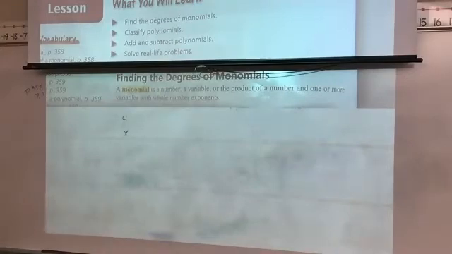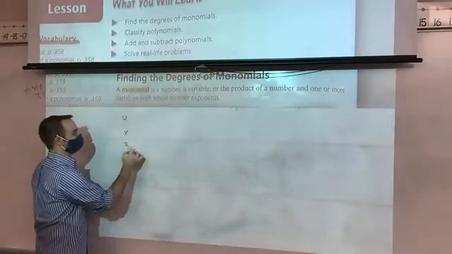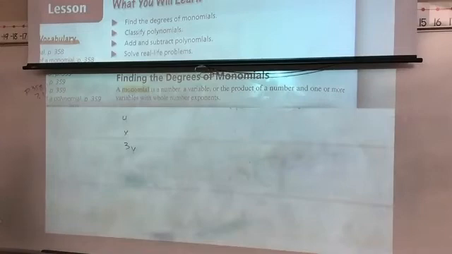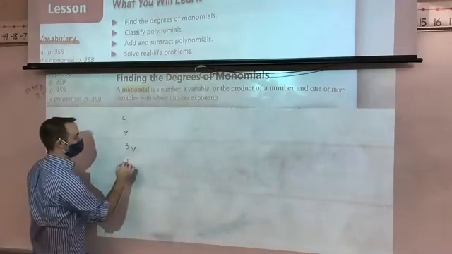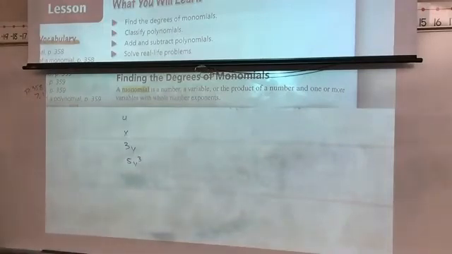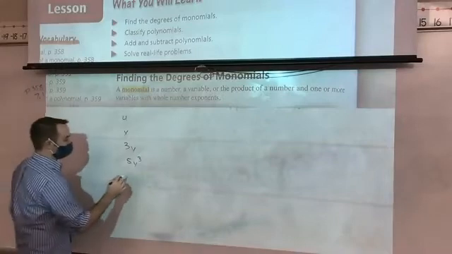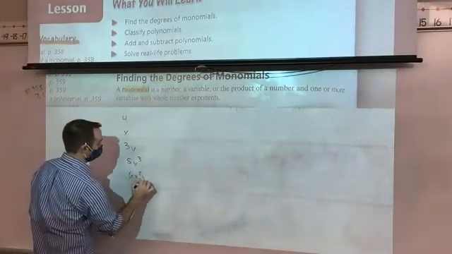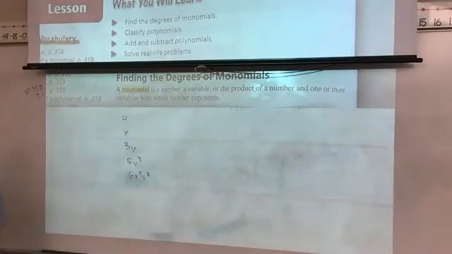But then it could be the product of a number and a variable, so you could have a number and a variable together. That is a monomial. You could have exponents on it, that's okay. We could have more than one variable together, and that's okay.